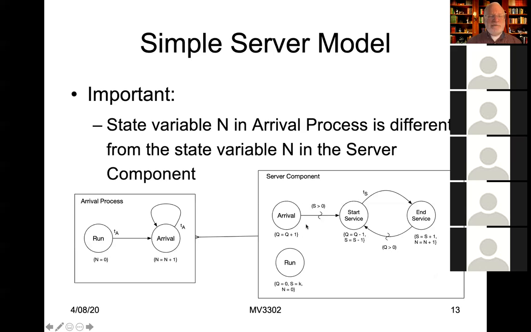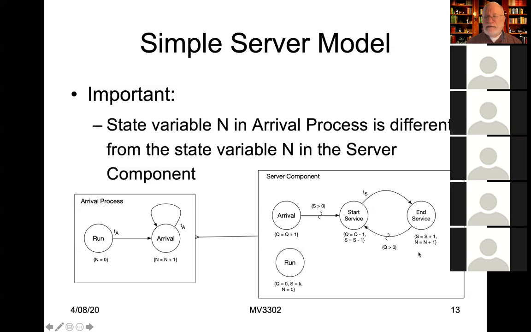The other important thing to observe, and this was kind of deliberate, is that there's a state variable called n in the arrival process, and there's a state variable called n in the server component. Just because they have the same name doesn't mean that they're the same thing. They are actually completely different state variables. The arrival process's n will simply count the arrivals as they occur.